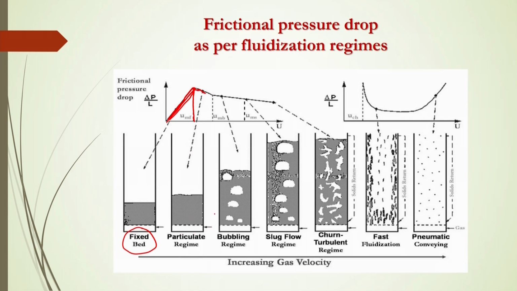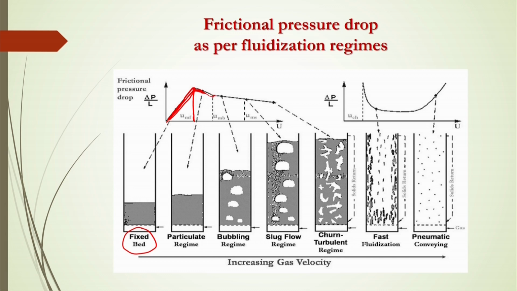For a particular fluidized bed, it is almost unchanged, or there is a very small change of this pressure drop, it almost remains constant. Whereas, if you increase a little bit the gas velocity or fluid velocity, that means the bubbling fluidization regime, this frictional pressure drop will reduce.